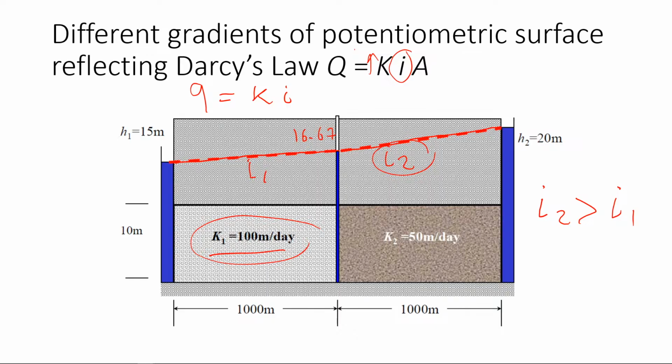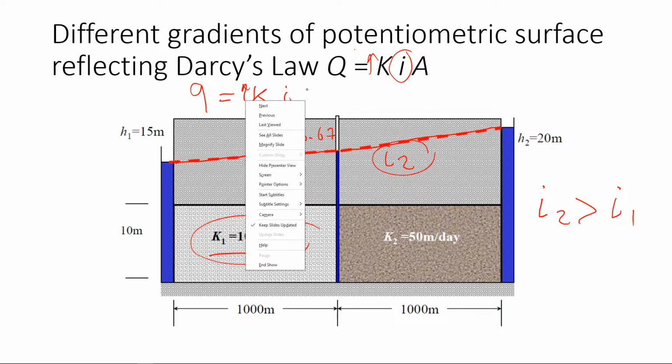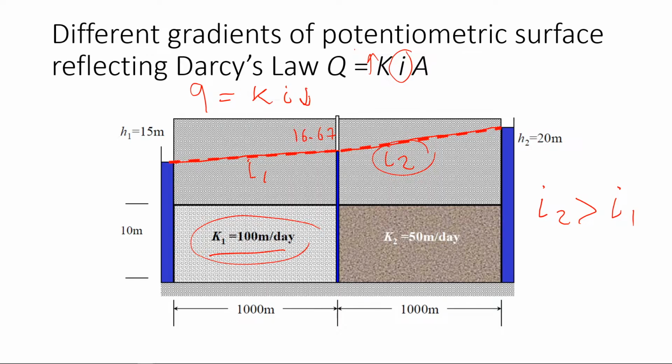A mathematician will tell you, if K goes up, the I will go down. And that's exactly what we see here. K goes up for this equation to hold. A mathematician doesn't know what K is, what I is, but he knows math. If K goes up, this will go down. If this goes down, this will go up, for this equation to hold.